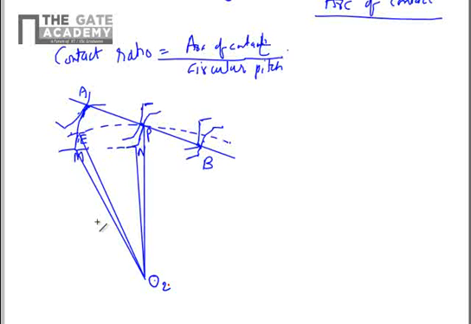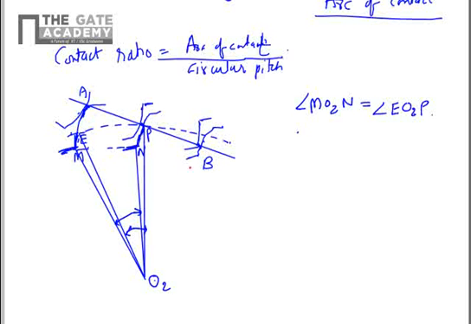So if some angle has been moved from E to P, the same angle has been moved by M to N. Hence angle MO2N is equal to angle EO2P, because it is basically the same profile on the tooth that is traveling, so it travels the same angular displacement.